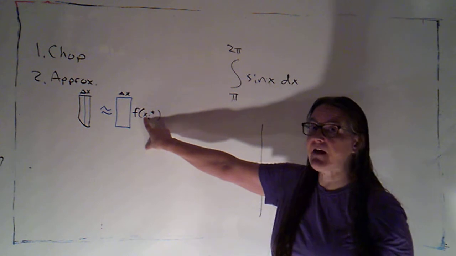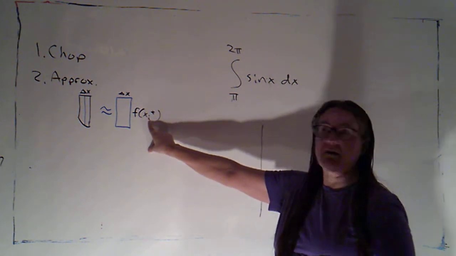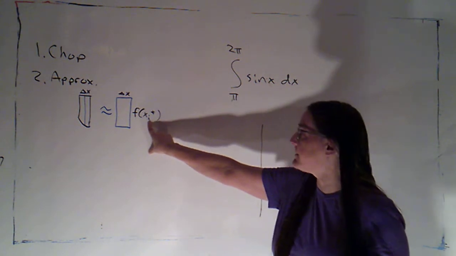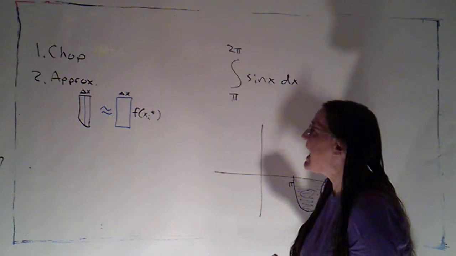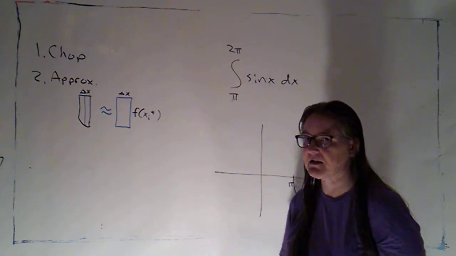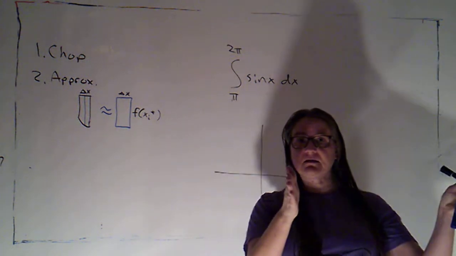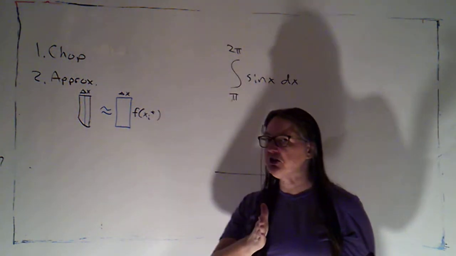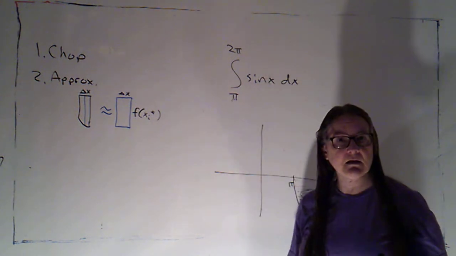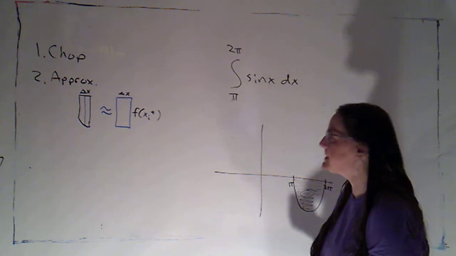X because it's an x value, i because it's going to be part of the ith subinterval, so if it's the 17th subinterval, i is 17, and a star to indicate that it doesn't necessarily have to be the right endpoint. Because when we do our chopping, when we partition the interval up into little pieces, we call the endpoints x sub 0, x sub 1, x sub 2, so that x sub 17, that name would already be taken for the right endpoint of the 17th subinterval.